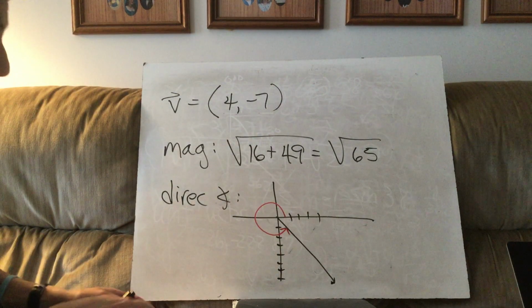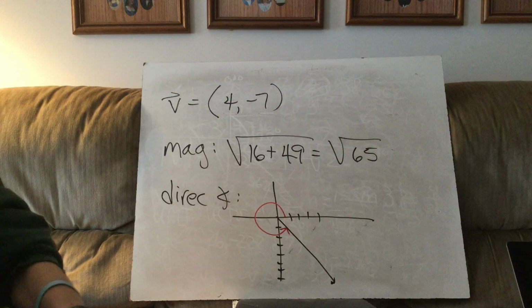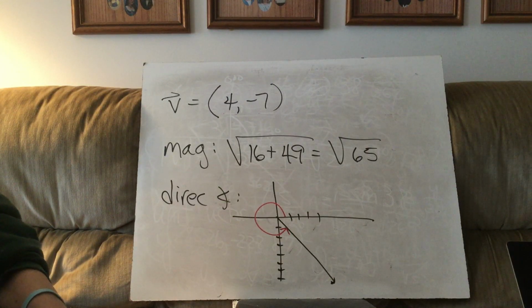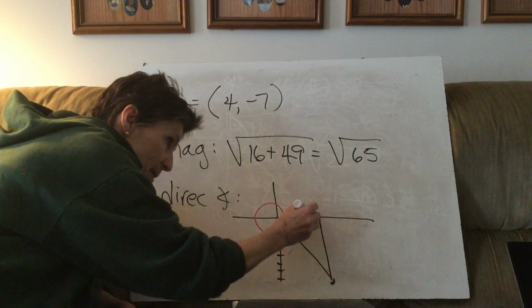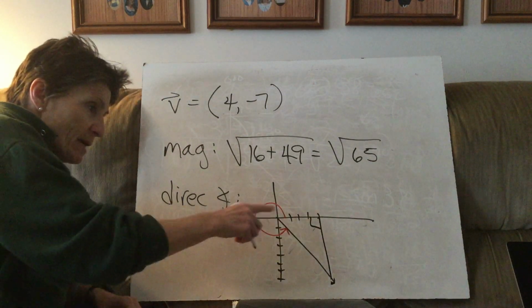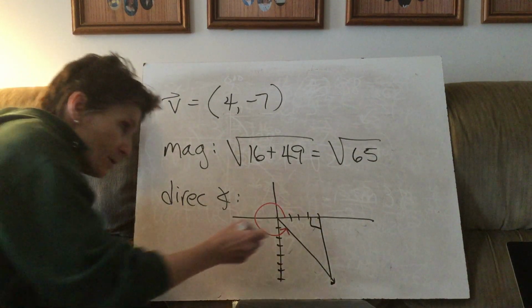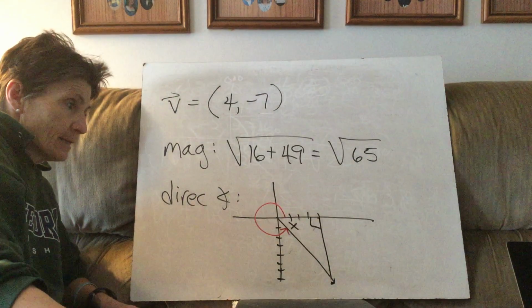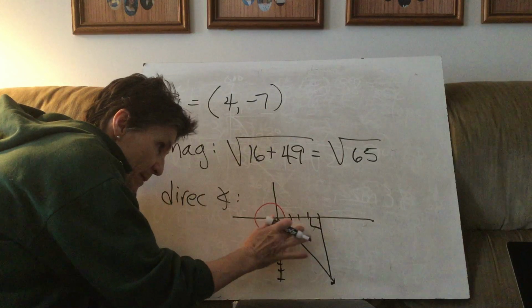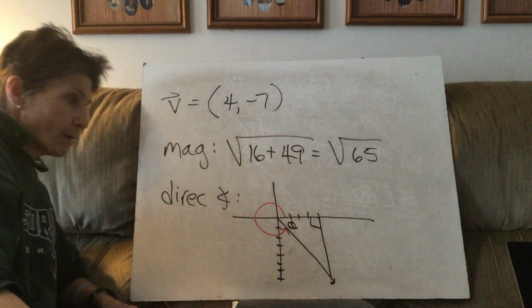The red angle is going to be our answer. But we're not able to find it because it's not even in the triangle. So we're going to make our little triangle, and we're going to find this angle right here. I'll call it theta. That's the angle I want, right there.